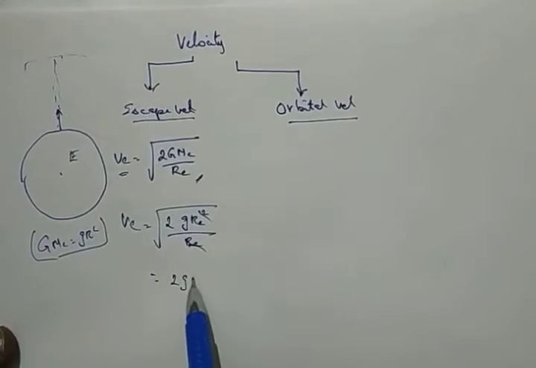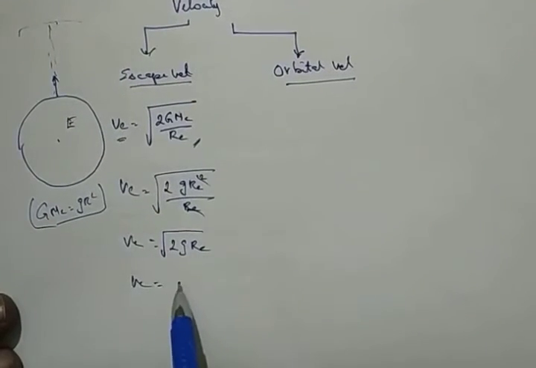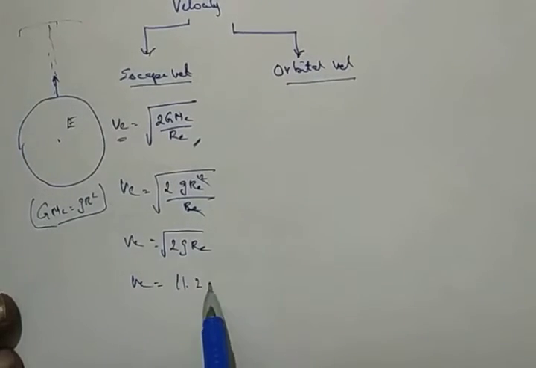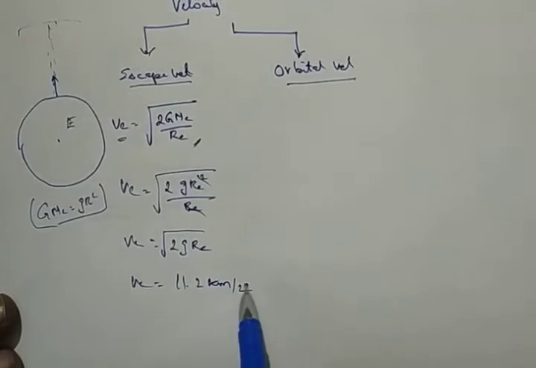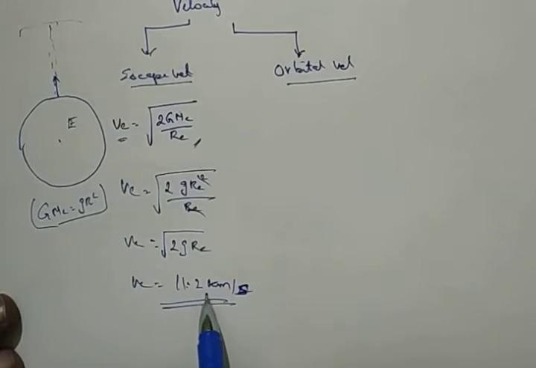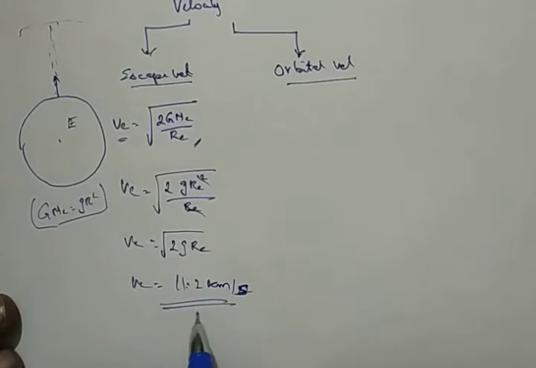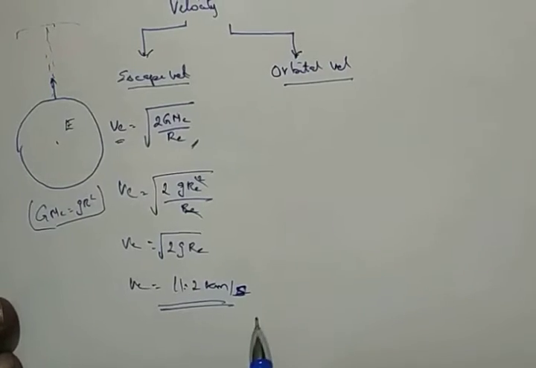So 2GR, that's what we saw, and escape velocity is going to be equal to 11.2 kilometers per second. So very high velocity is needed to escape the gravitational pull. This is a minimum velocity. If you want to give more than this, it's up to you. You cannot give below this.